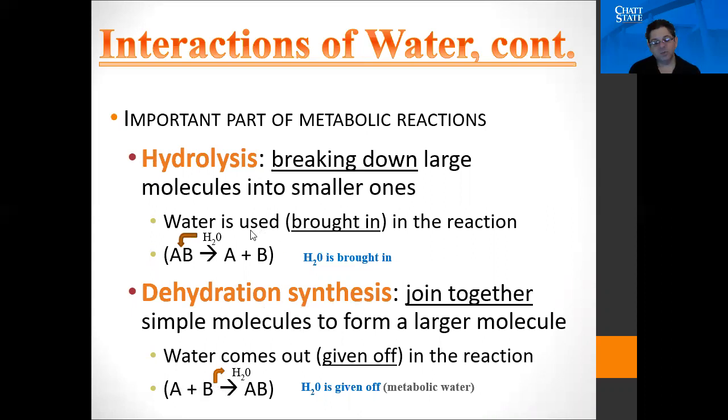Here, when we use water to break things down, it looks like this. This would be a decomposition reaction where we start with something big and then we break it down into smaller units. That's hydrolysis. So for instance, a protein being broken down from the macro level to the micro level, right? Proteins from big to small would be hydrolysis, down to the amino acid level here.